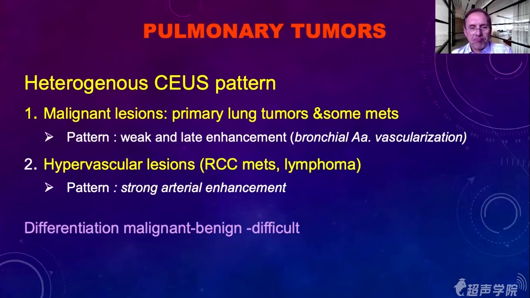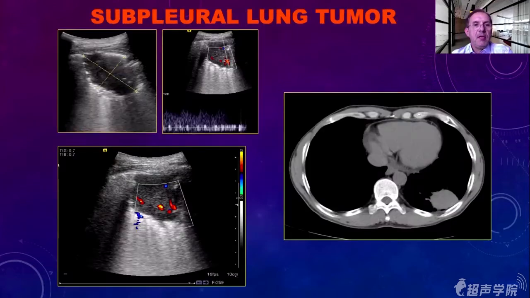But the differentiation of malignant from benign is sometimes very difficult, as we will see in the next slide. So let's have some examples here. It's a tumor in the lung, a subpleural hypoechoic tumor with vessels, and you see here low resistance flow with high diastolic velocities. You see here the Doppler signals.